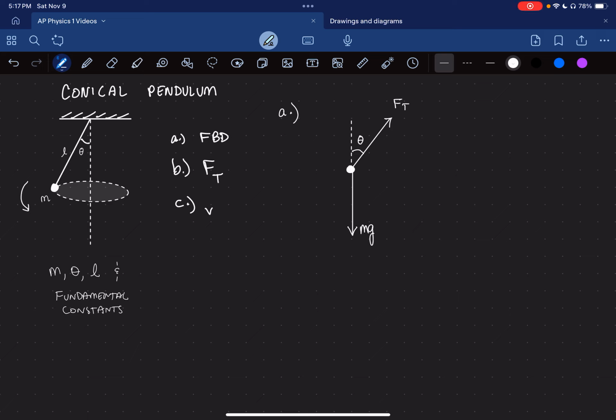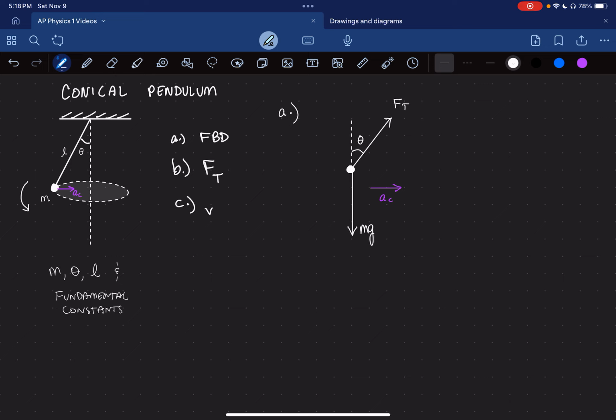Now it must be the case that there is a centripetal acceleration pointed towards the center of that curvature. So I will bring this here. There's a centripetal acceleration here. And so, of course, we've got to break up one of these forces into components. mg is at a right angle with the centripetal acceleration, which is fine.